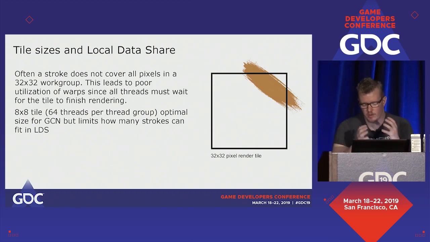Yeah, so you might think, okay, can we reduce the size of the culling tiles? And unfortunately, testing showed that if they're smaller than 32 by 32 pixels, they started being slower.